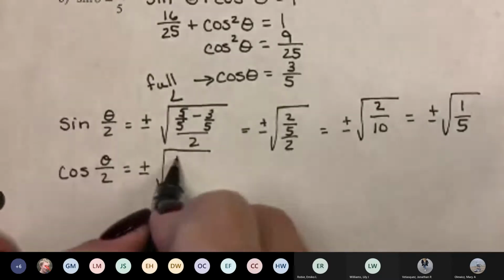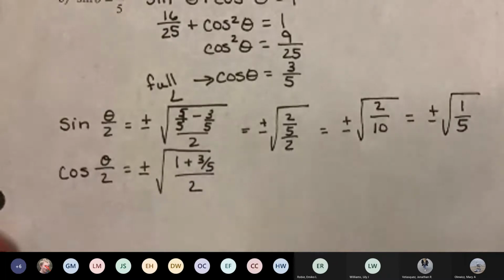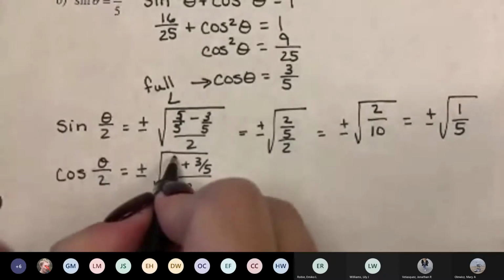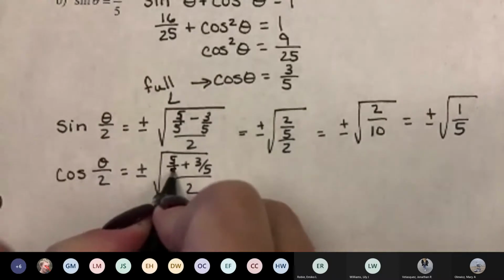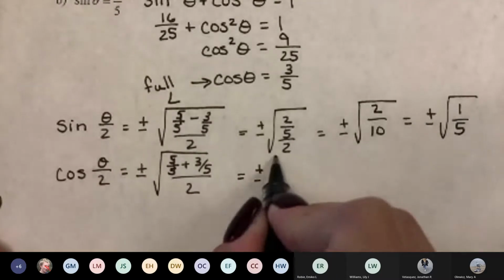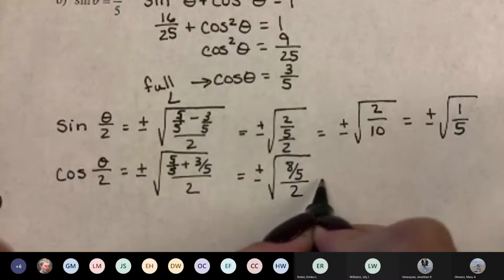All right, this time I've got 1 plus 3/5 divided by 2. And just like I did on the last problem, as soon as I write that down, I'm going to rewrite that 1 as 5/5. And now I have 8/5 divided by 2.